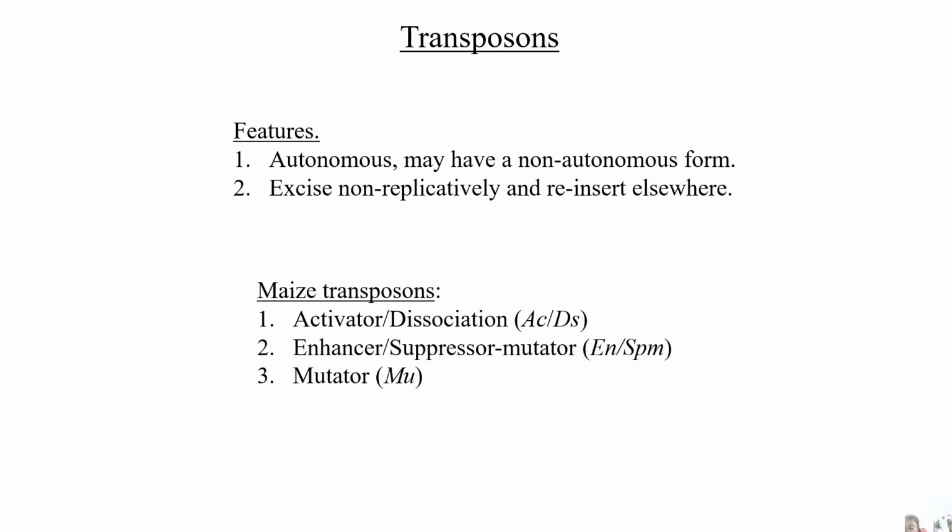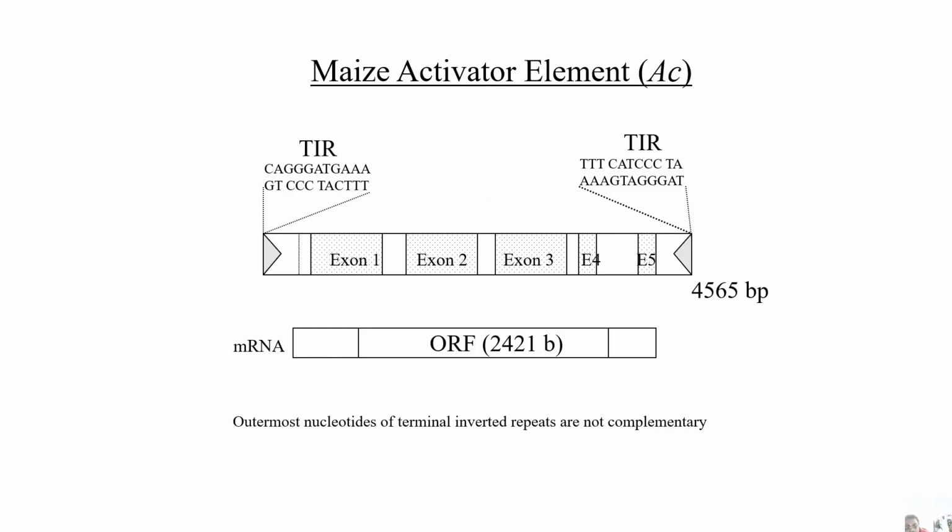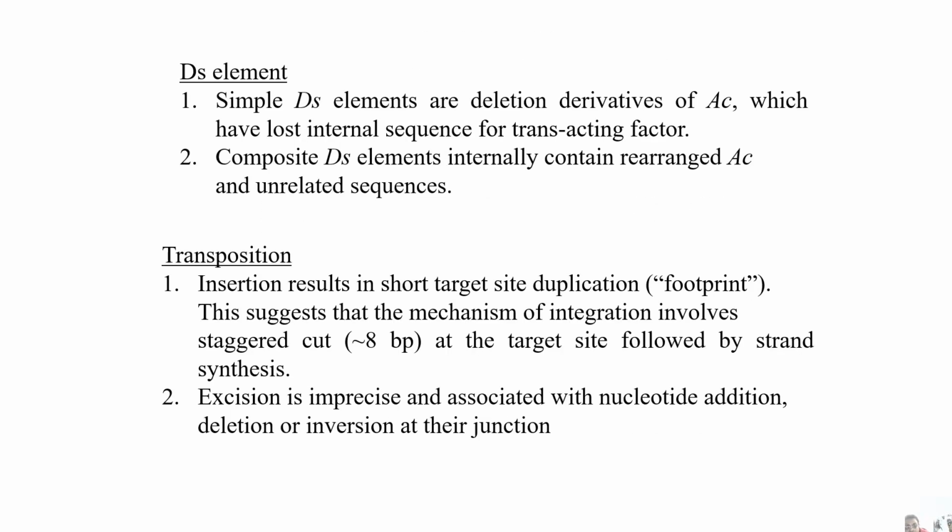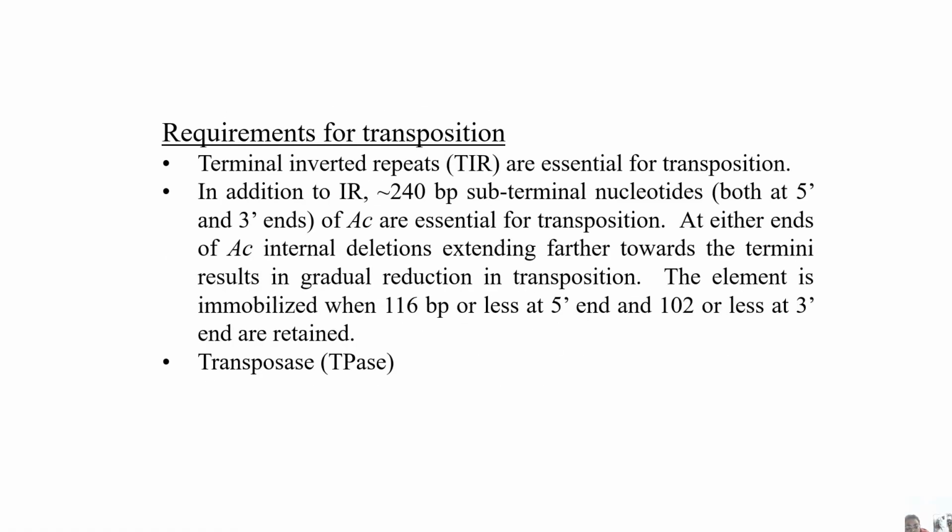So what are the features of transposons? Autonomous elements may have a long form; non-autonomous forms are excised non-replicatively and reinsert elsewhere. So this means the activator element. Ds elements, simple Ds elements, are deletion derivatives of Ac which have lost internal sequences for trans-acting factors.